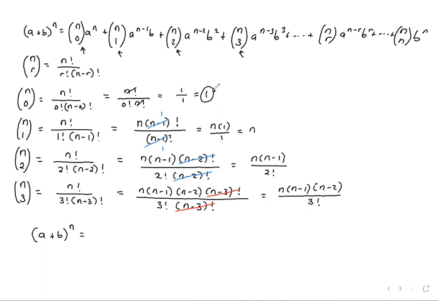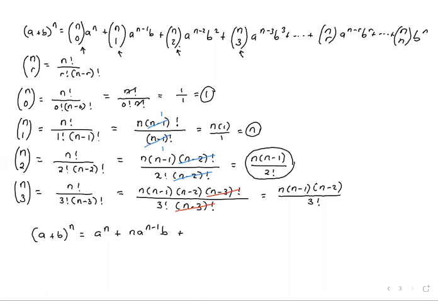So 1 times a^n, we just get a^n, plus where there is n choose 1, it's just n. So it will be n a^(n-1) b, plus where there is n choose 2, we said it is just this.